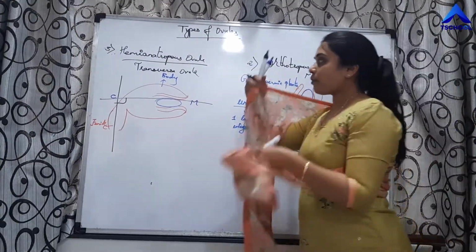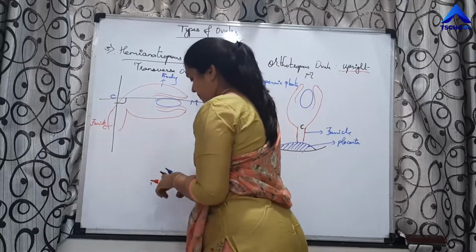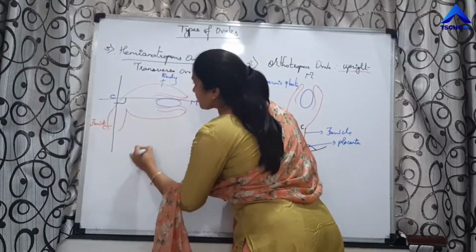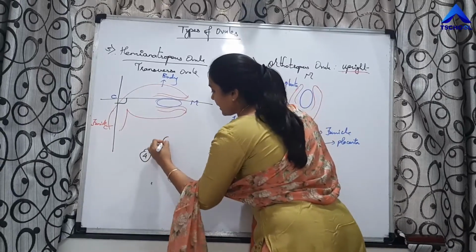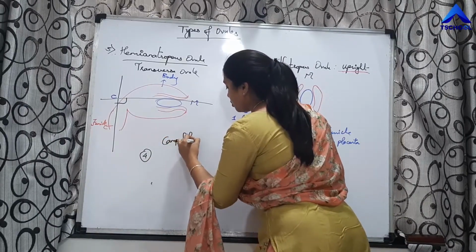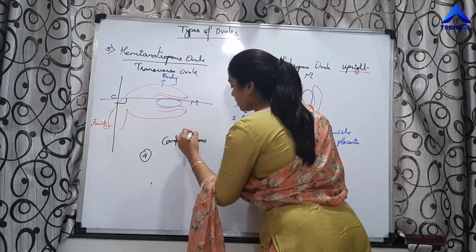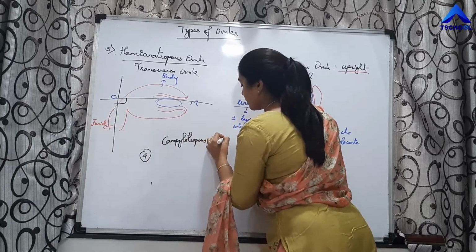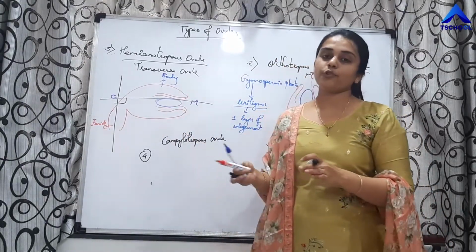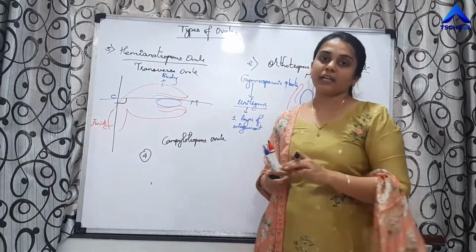Then the next type of ovule, the fourth type, is called campylotropous ovule. This ovule is in between the anatropous ovule and the hemianatropous ovule.